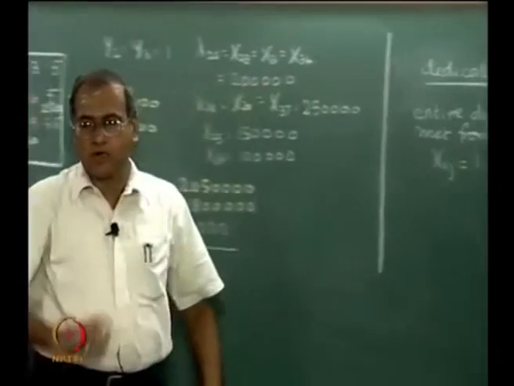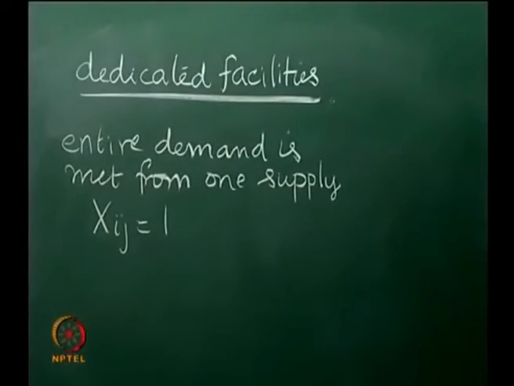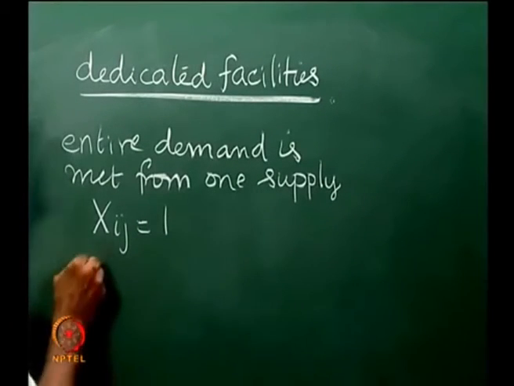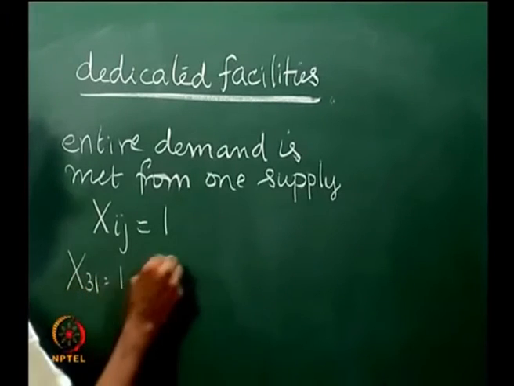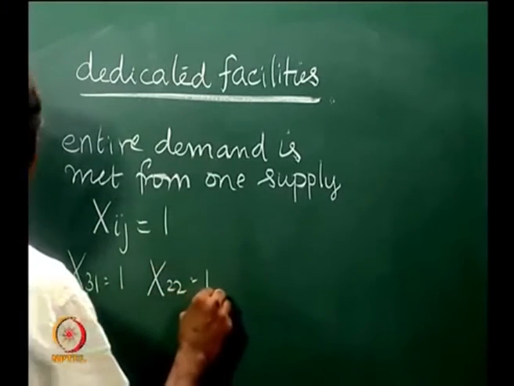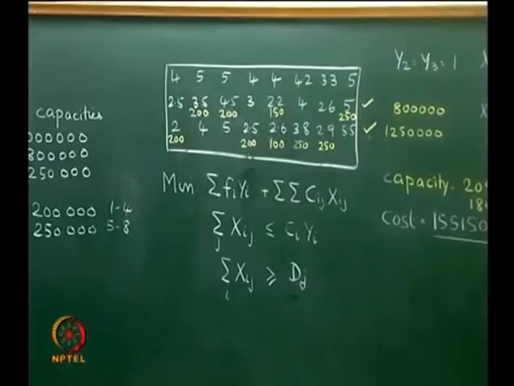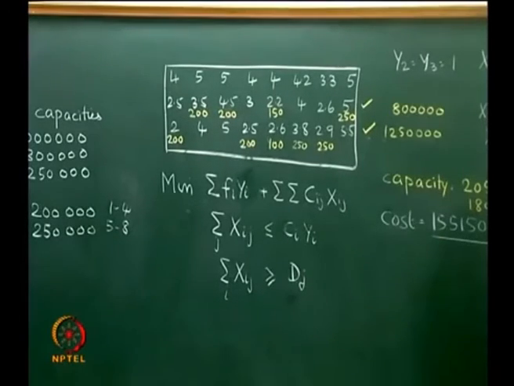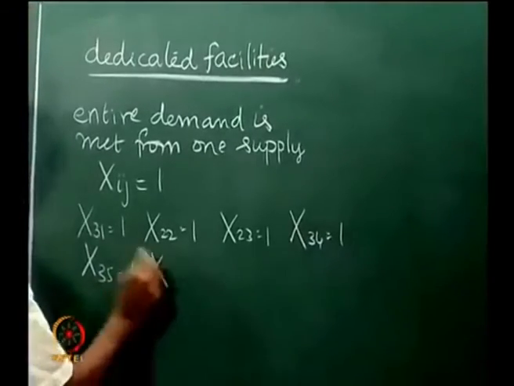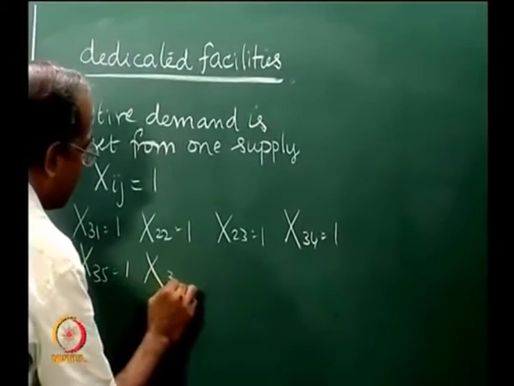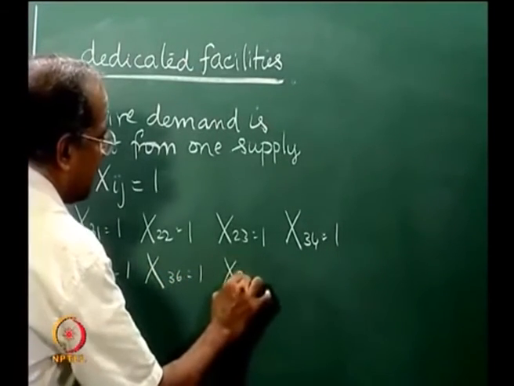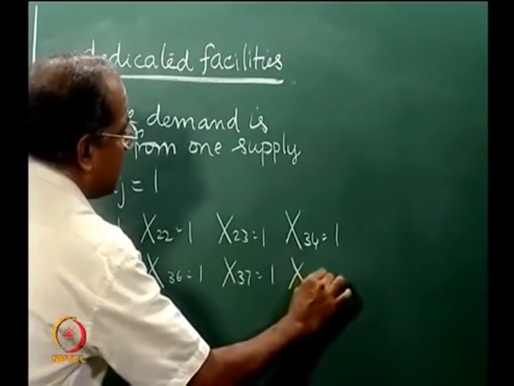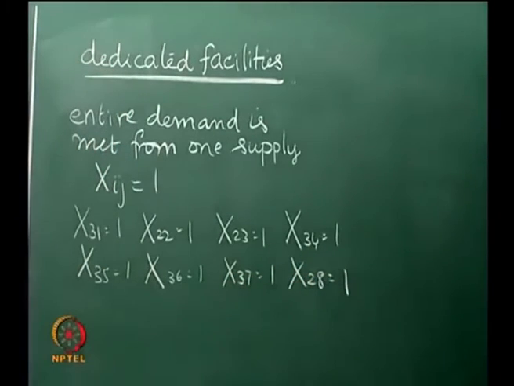Xij will be equal to 1 if supply i meets the entire demand for j. So, the solution would be x31 equal to 1, x22 equal to 1, x23 equal to 1, x34 equal to 1, x35 equal to 1, x36 equal to 1, x37 equal to 1 and x28 equal to 1.